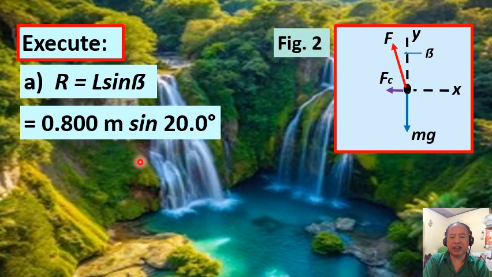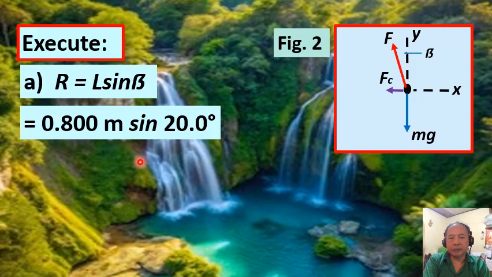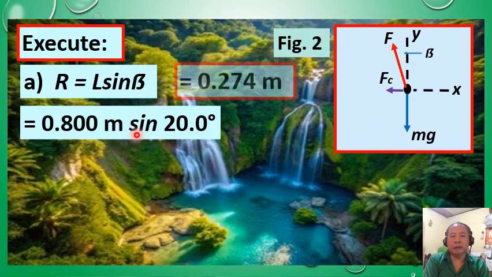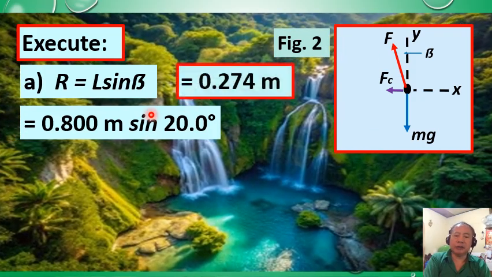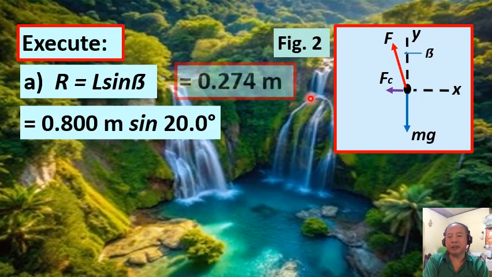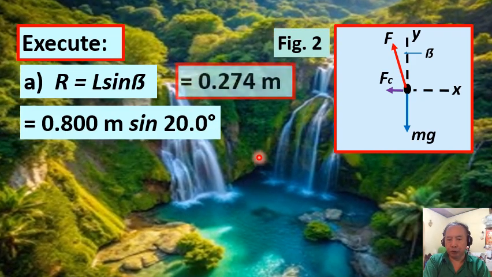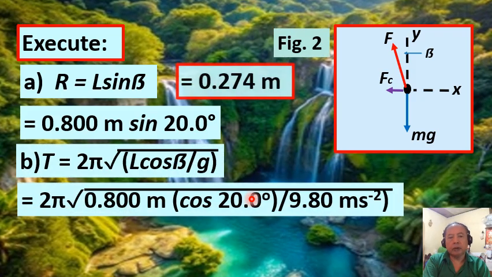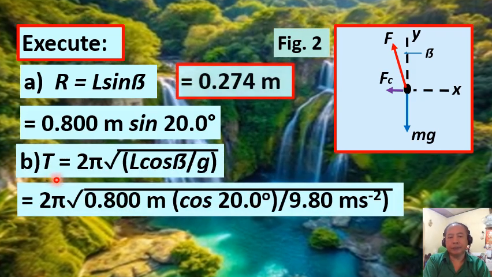So with the help of your calculator, we get the value of big R, or the radius of the circular path of the bulb, equal to 0.274 meters in 3 significant figures.